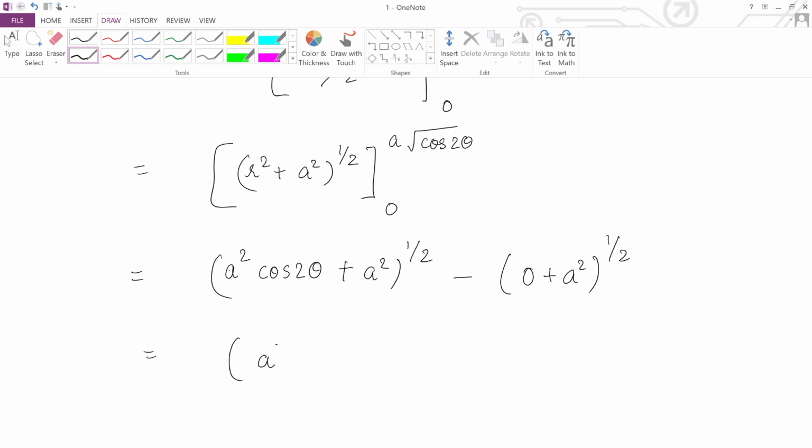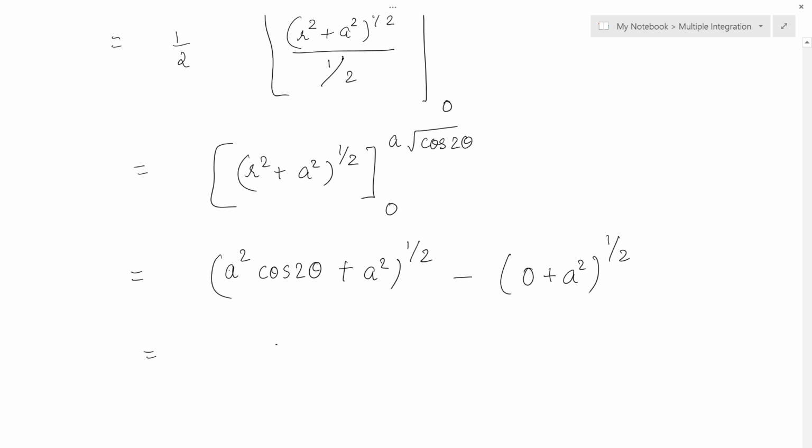If I take a square common, here you have raised to 1 by 2, so a will come out. You will be left with cos 2 theta plus 1 raised to 1 by 2 minus 1. I have taken a common.